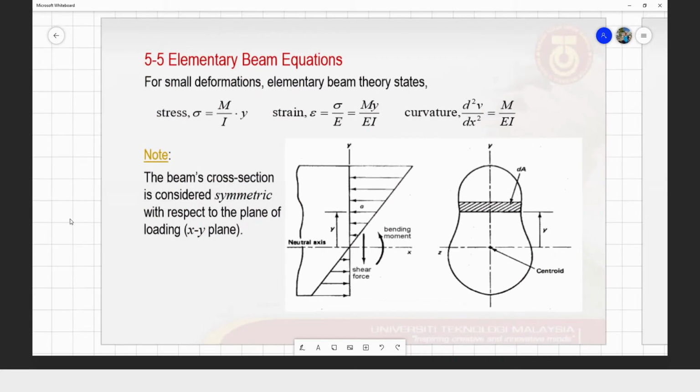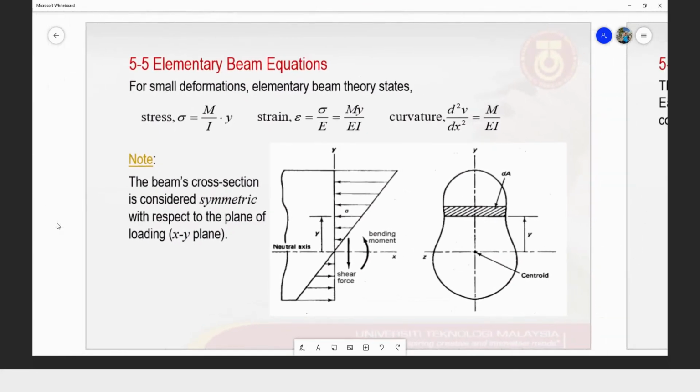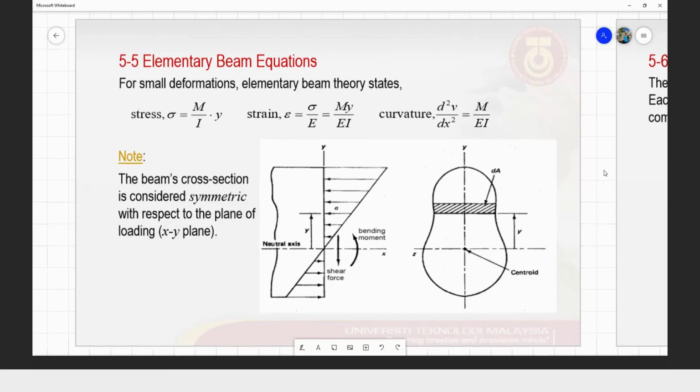Alright, elementary beam equation. So from the stress kita boleh dapatkan strain, and where M here is the moment and I is the moment of inertia. So nanti kita akan tengok ni. This is actually from the pure solid mechanics lah.